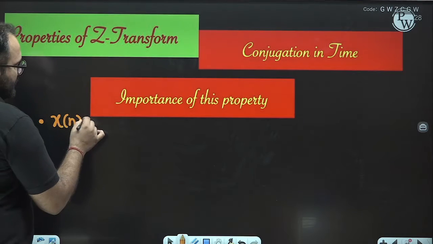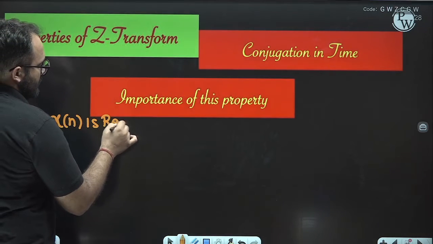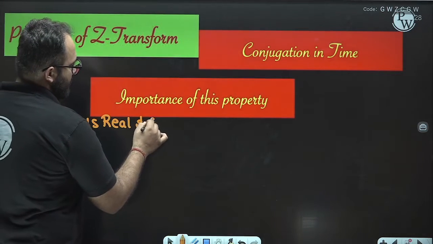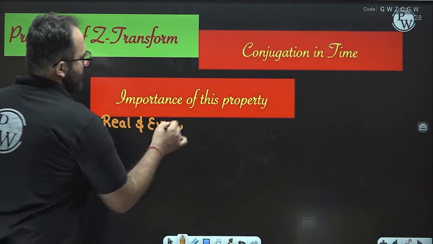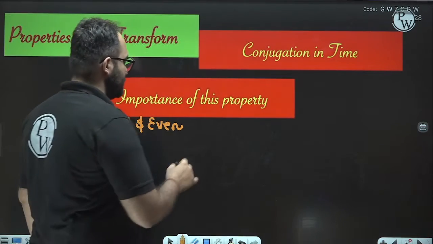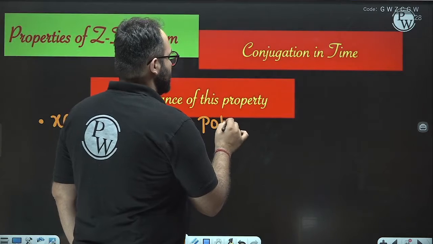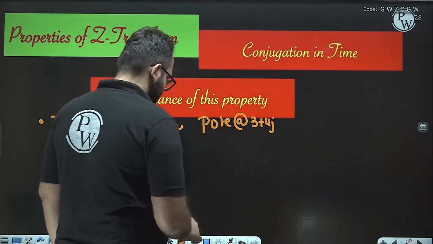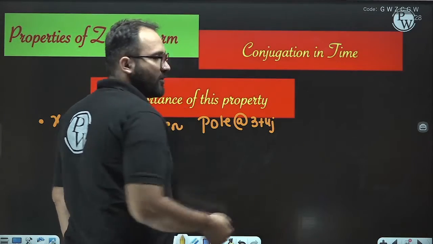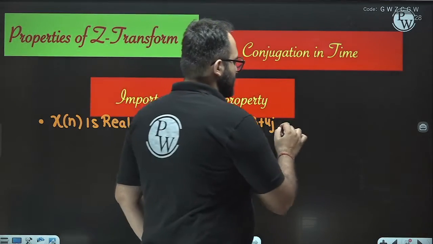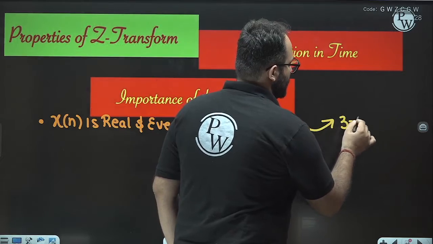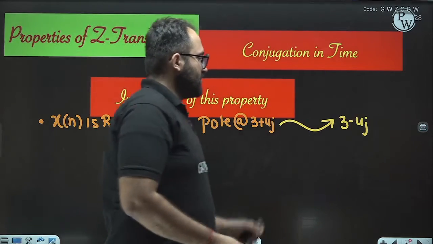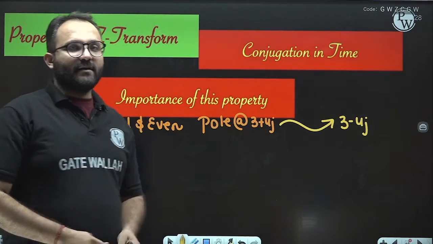Let us say x[n] is a real and even signal with, let us say, a pole at 3 plus 4j. Now using the real property, it will say that the pole at the conjugate location also exists. 3 plus 4j will have conjugate location 3 minus 4j.